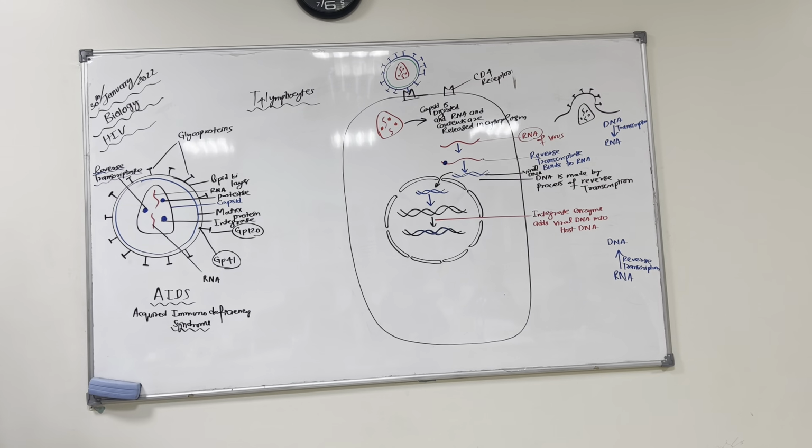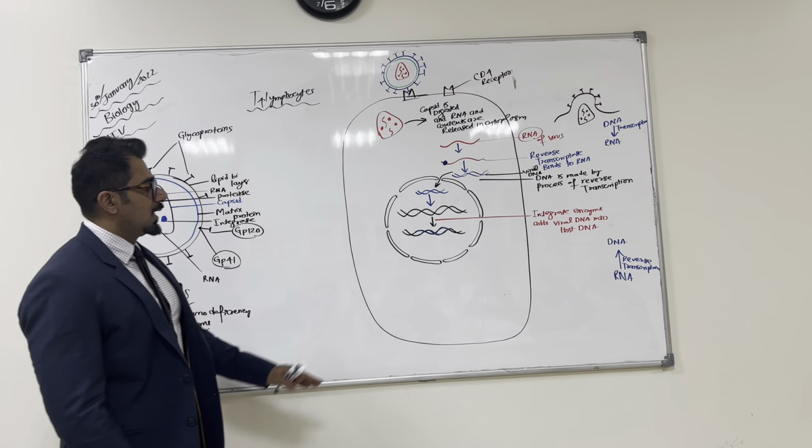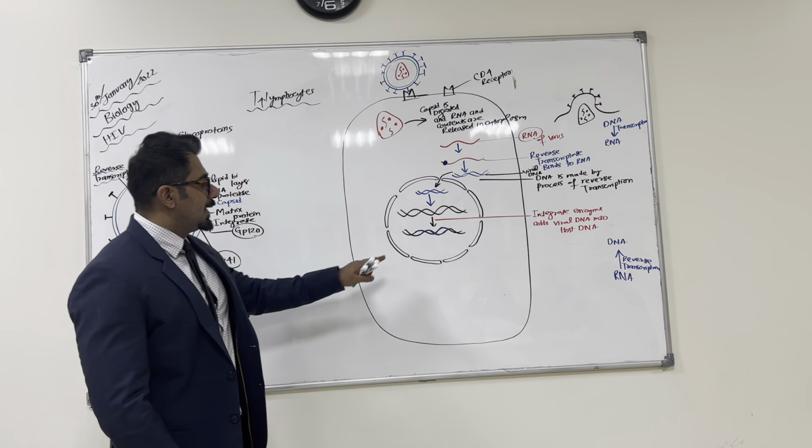Got it, guys? Now, it has become part of the host DNA. Now, next step, what will happen? Transcription will start. Now, the transcription of this DNA will start and many RNA molecules will be made. Many messenger RNA molecules will be made. So, I can show over here.